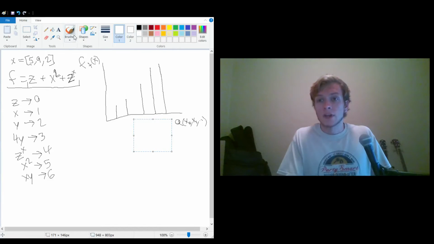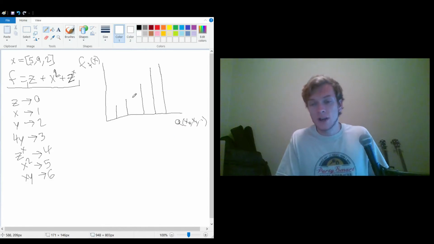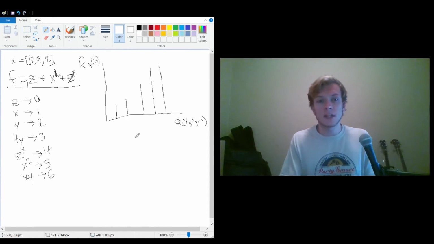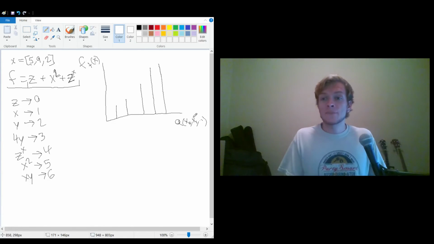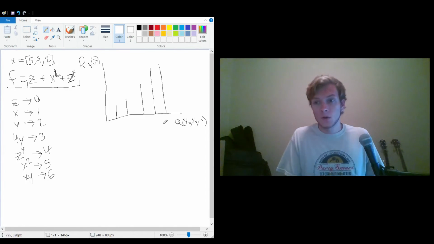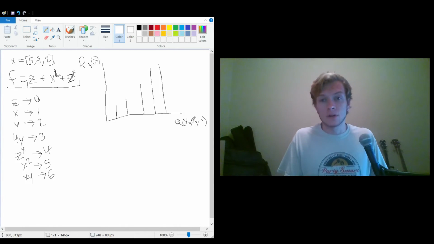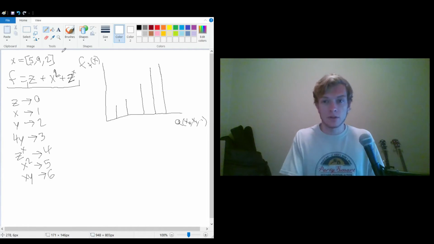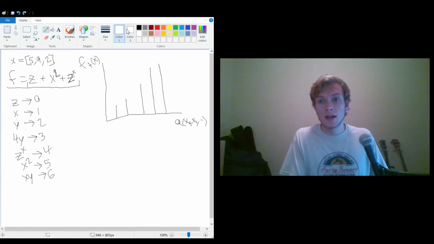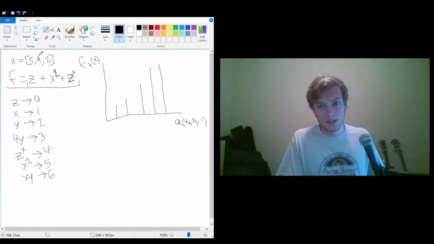Okay, so I have this graph here, and what I'm essentially doing is setting up a graph of this function a. When you plug a number into a, you get back the answer for that particular data point, which in this case we're using x0 is equal to 5, x1 is equal to 9, and x2 is equal to 2.